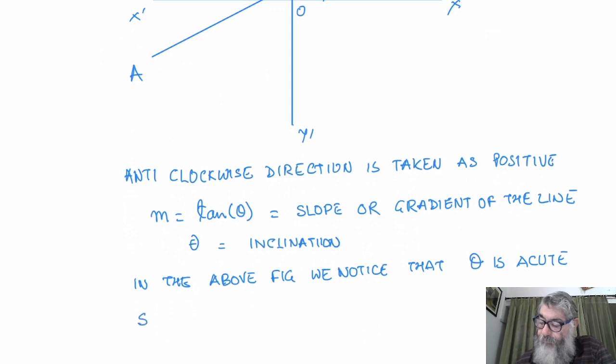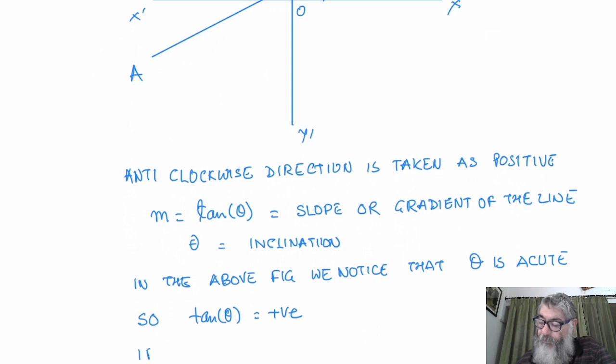So tan theta will be positive. Why will it be positive? Because in the first quadrant, between 0 and 90, all trigonometric ratios are positive. So theta being acute, tan theta will be positive.